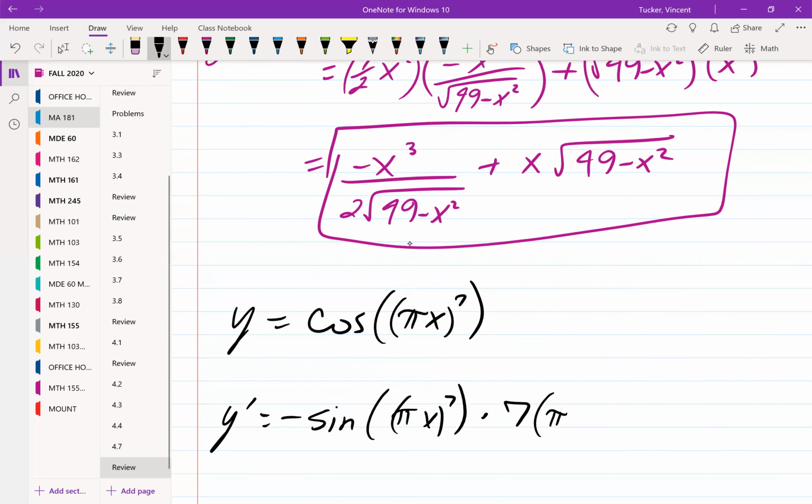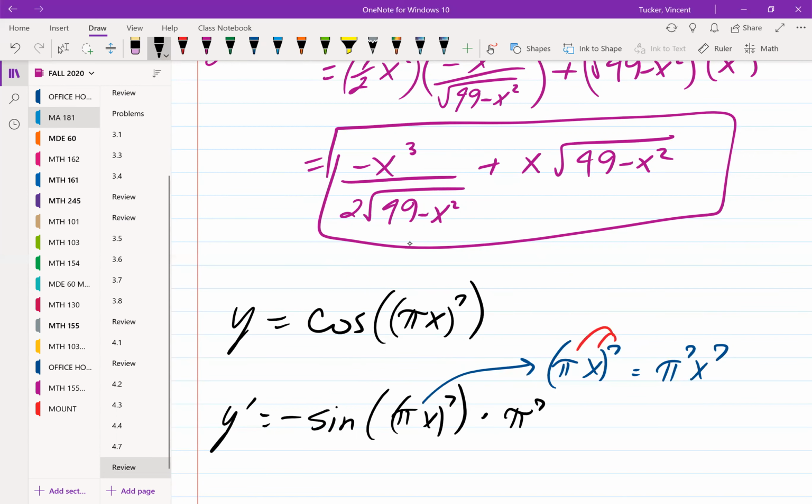As a matter of fact, let's do this. Just want to make sure I do this properly. Now 7 needs to go to both pieces. So let's put pi to the 7th, x to the 7th. Now when I do that derivative, pi to the 7th is a constant, so you don't want to confuse that.